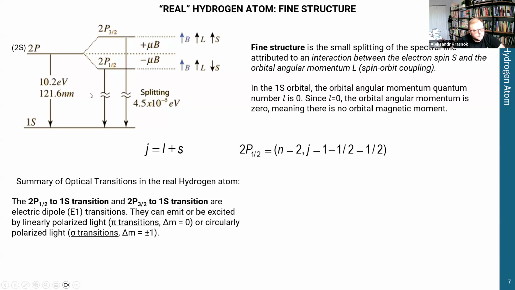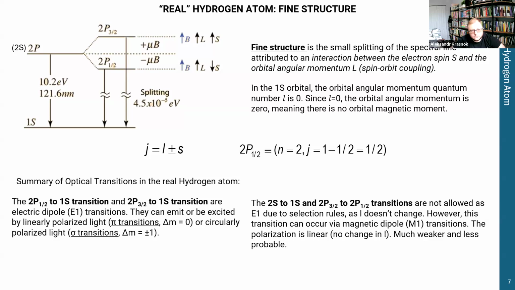Also, this transition can be excited by linearly polarized light, because it can happen with or without change in magnetic number m. Right.